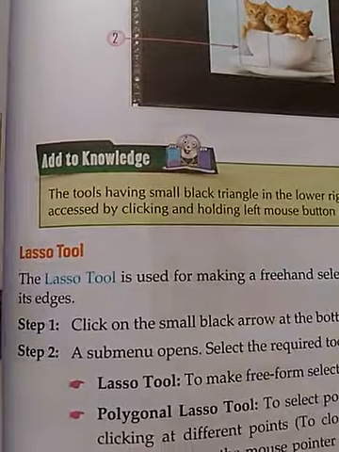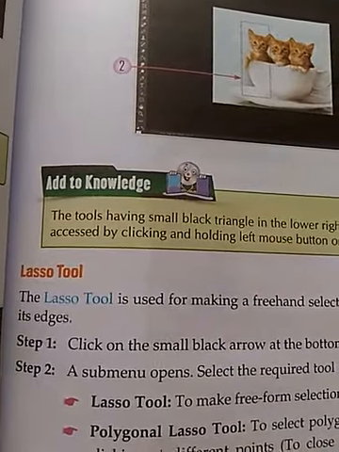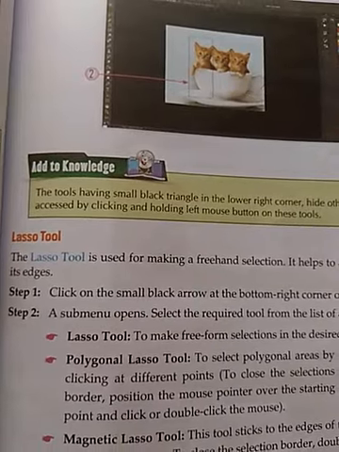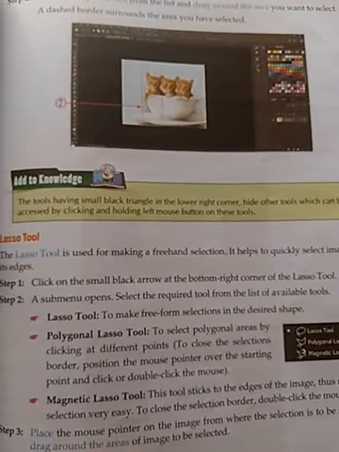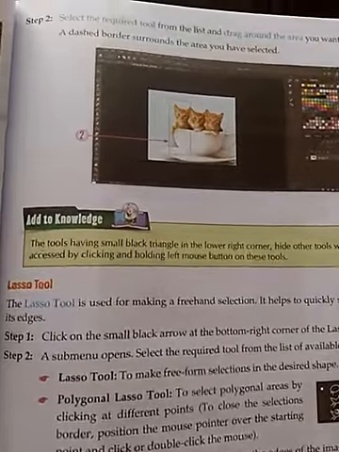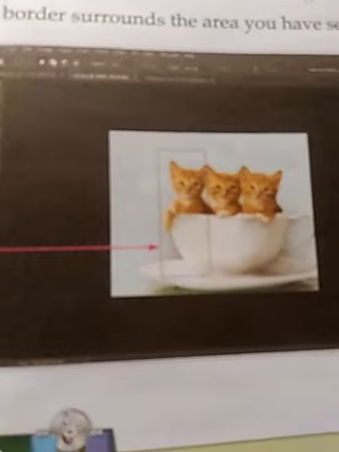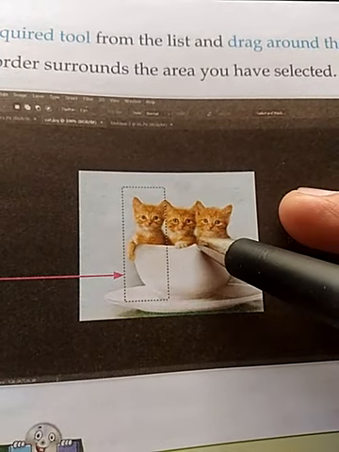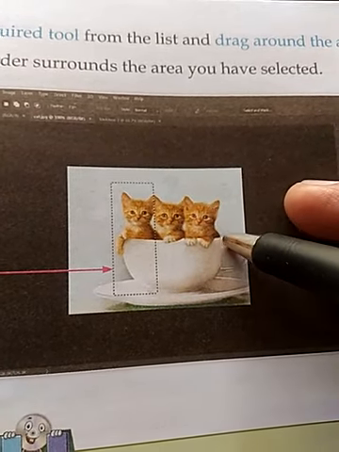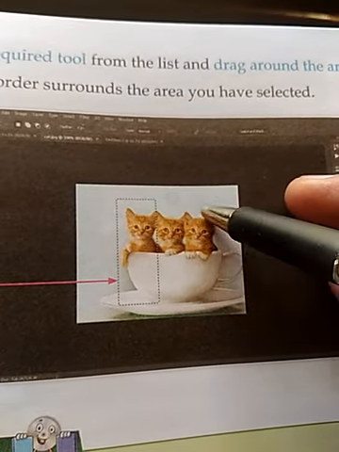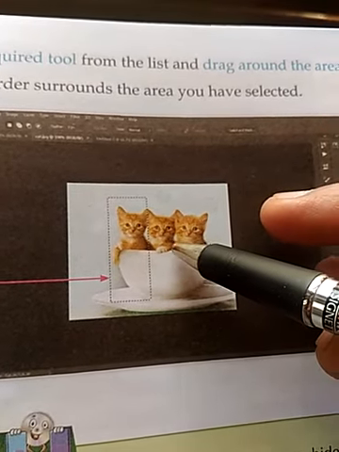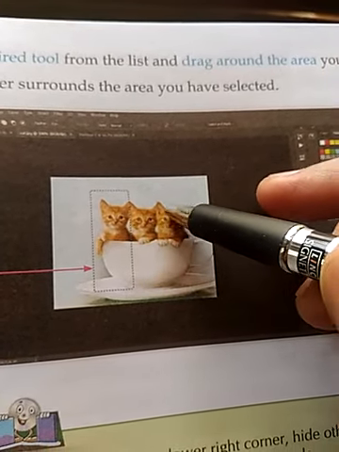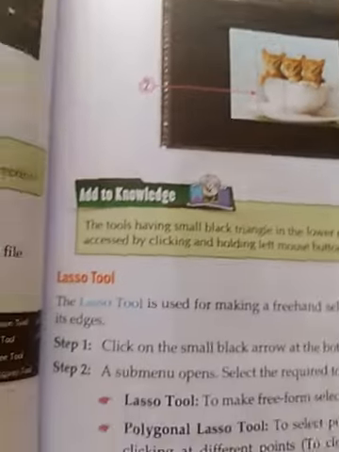Now there is a lasso tool. Lasso tool is used for making a freehand selection. It helps us to quickly select image edges. Means if we want to select a particular image, for example, if we want to select this particular portion having some edge, to select that portion with the help of edges, there is an option.